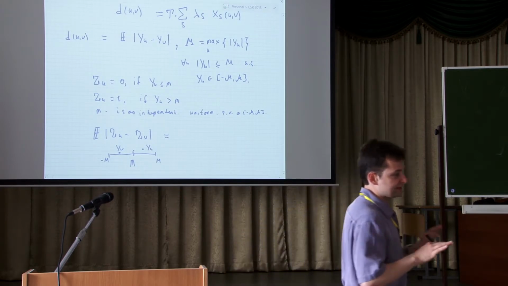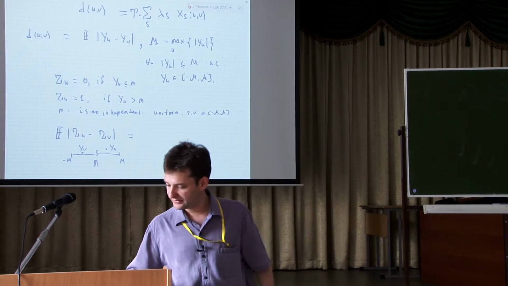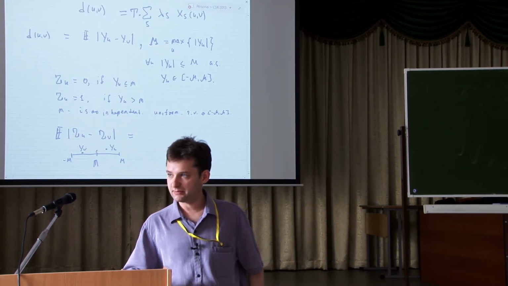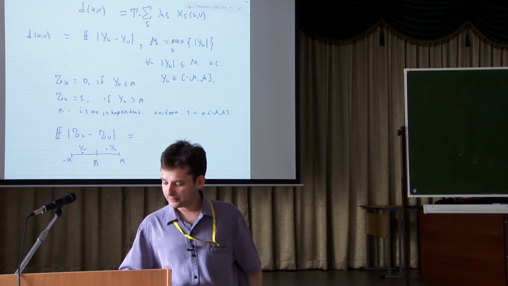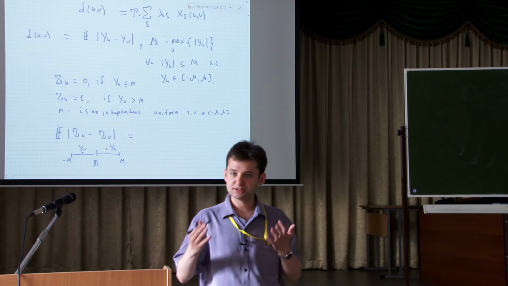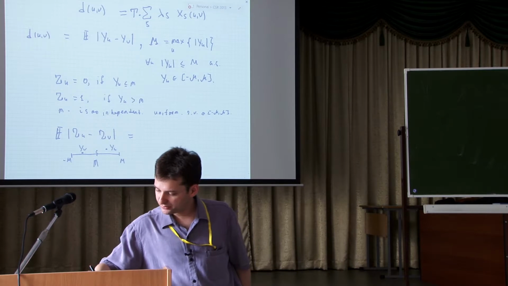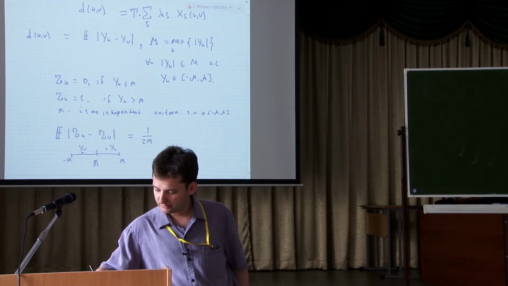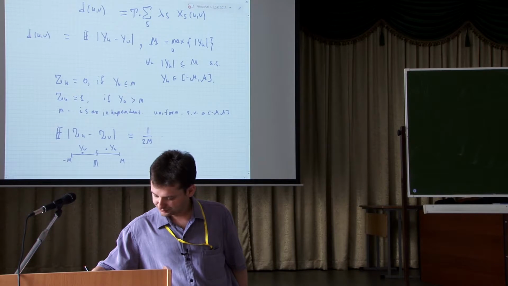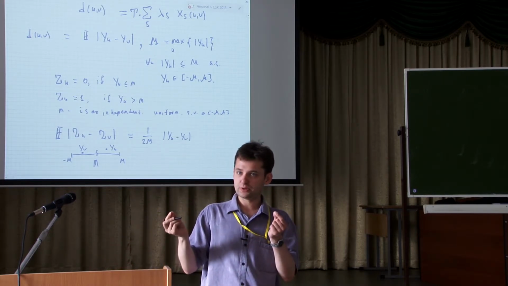And so the probability that we separate yu and yv is exactly equal to the distance between yu and yv, now just a one-dimensional distance between real numbers, divided by 2M. The length of the whole interval is 2M, so the density of this uniform variable is 1 over 2 capital M. So it is 1 over 2M times the absolute value of yu minus yv, for fixed values yu and yv.